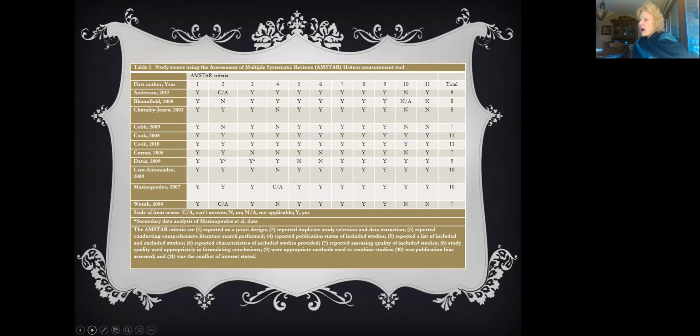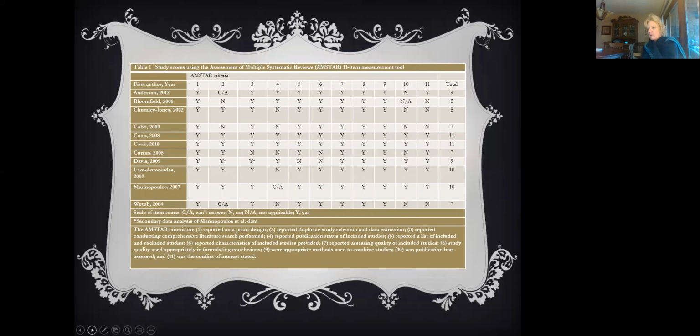So here is how they critiqued these articles using the AmStar criteria. So the AmStar criteria are 11 criteria that are listed at the bottom of this table for you.